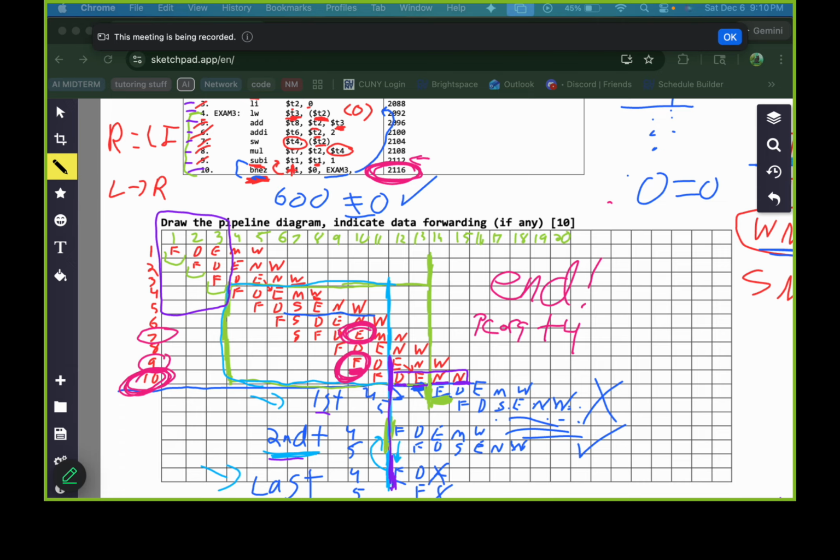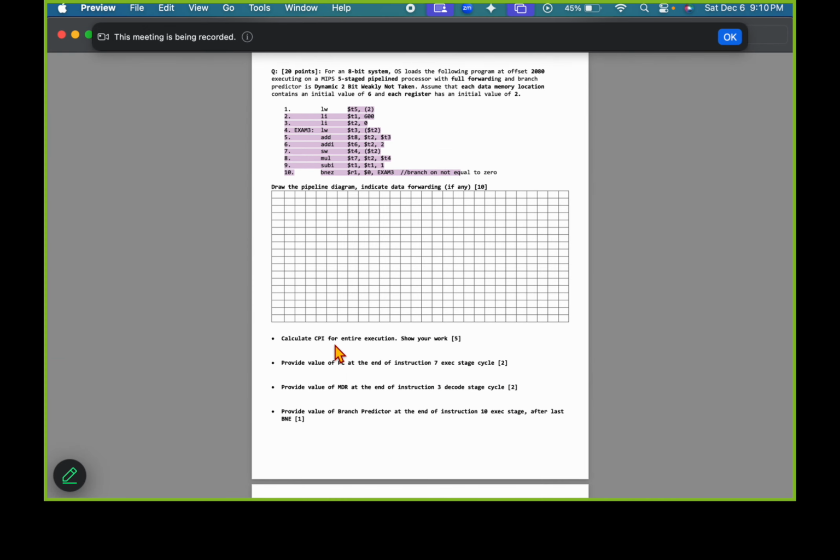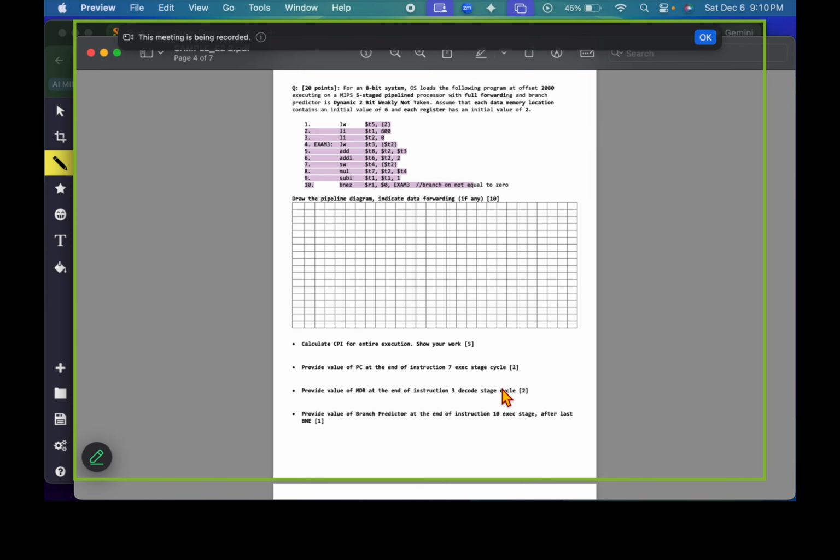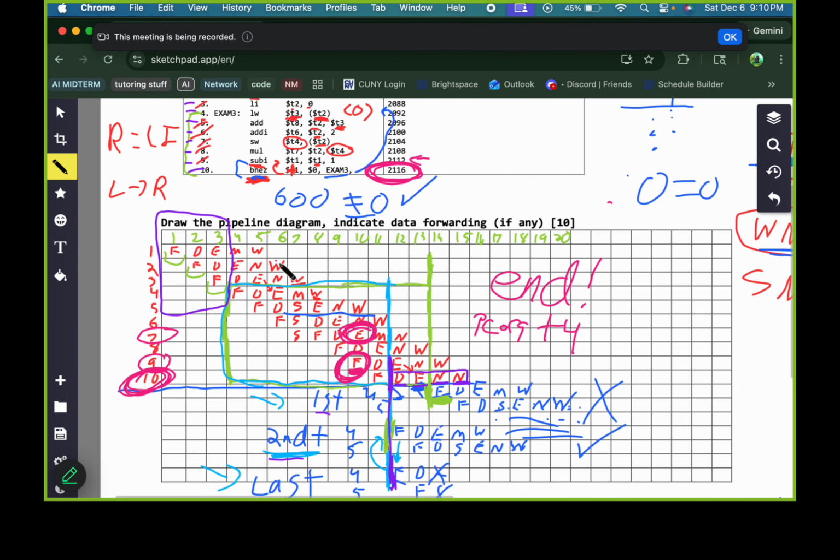And likewise, the next question is saying, provide the value of the MDR at the end of instruction 3 decode stage cycle. Okay, so this time, this is going to be the end of instruction 3's decode stage.